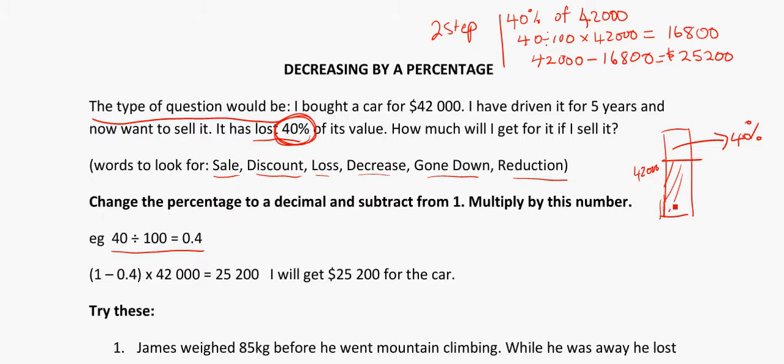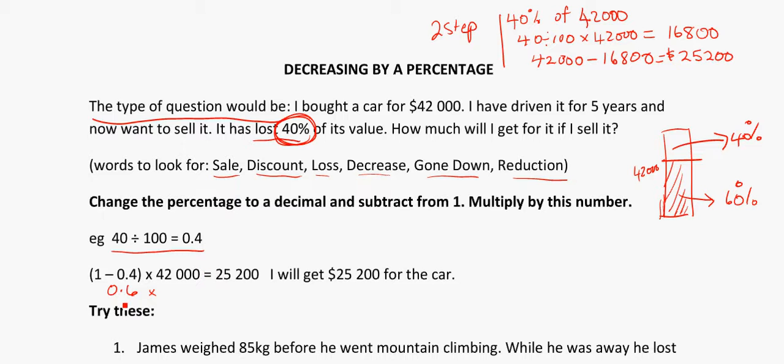So what have you got left? What percentage have you got left here? You've got 60% left. And that's what you want to find. You want to find 60% of 42,000. The way to get that number is to change 40% to a decimal and take it away from 1. So that in fact is 0.6 times 42,000.